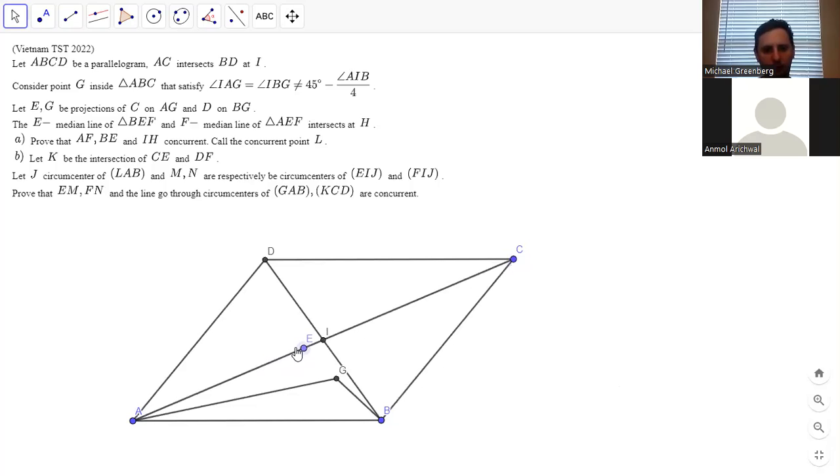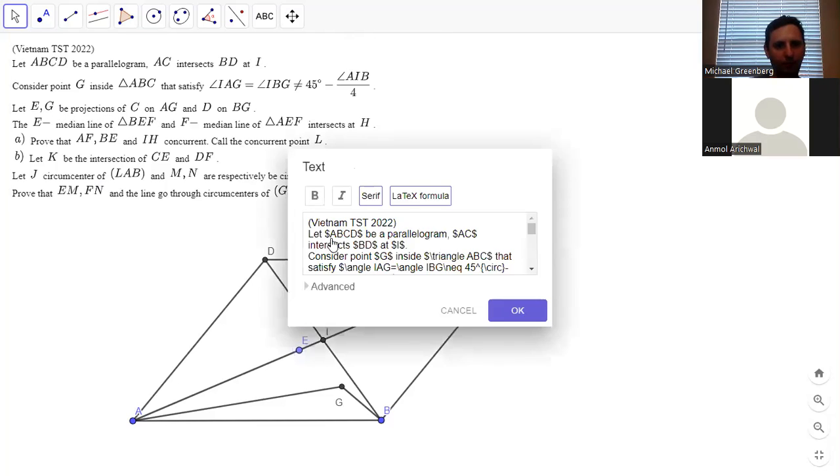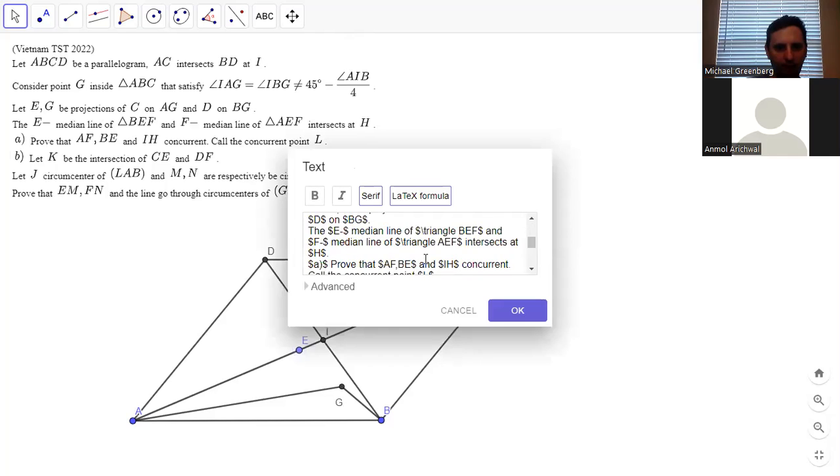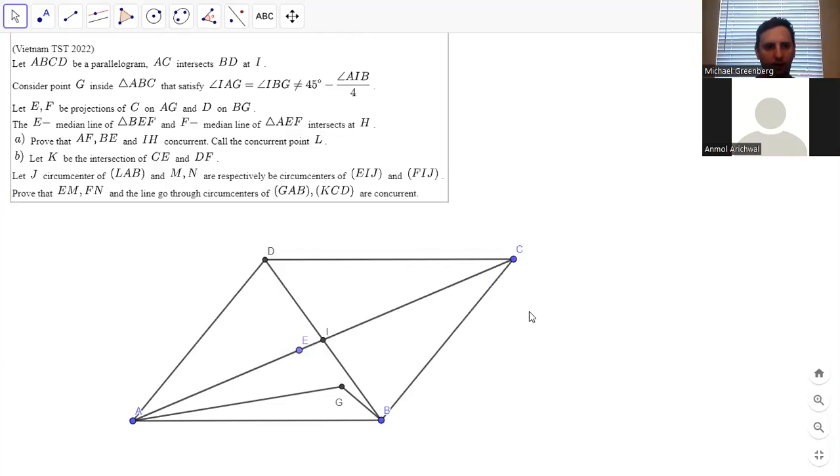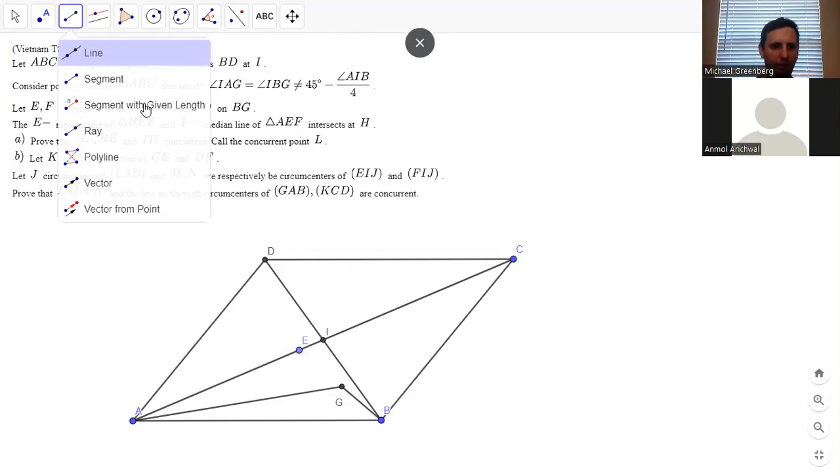Okay. And let E and F, I'm guessing I should say E and F, probably. Let E and F be the projections of C on AG and D on BG. Okay, so let's draw the rays.